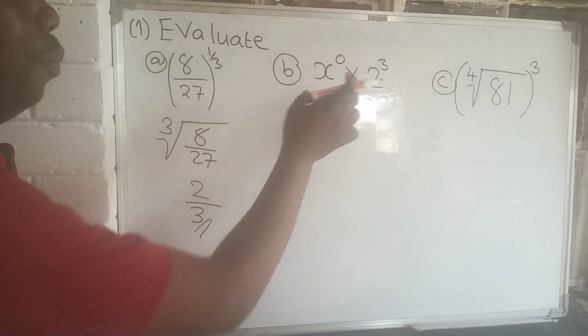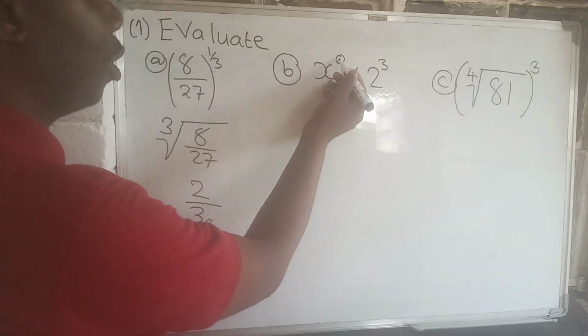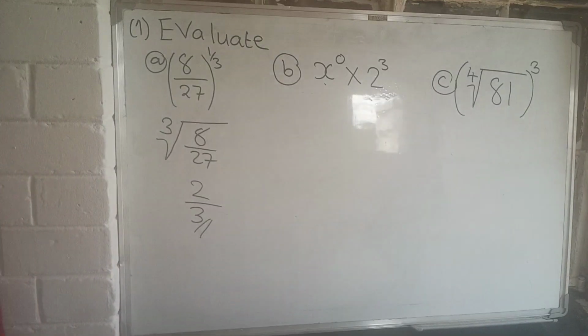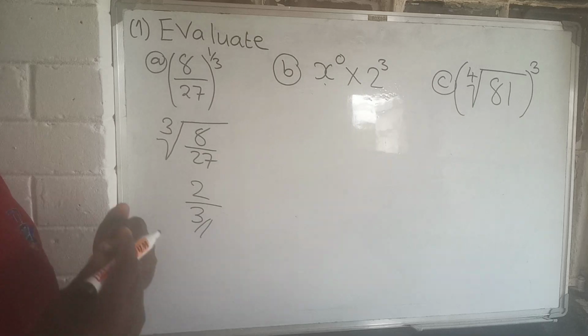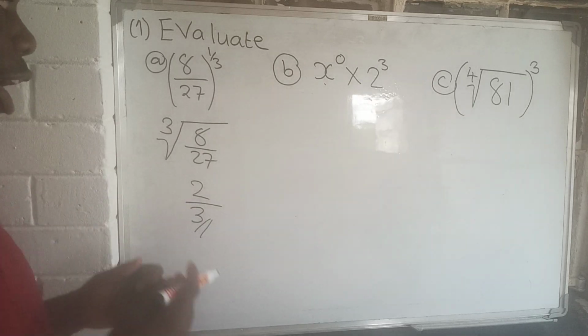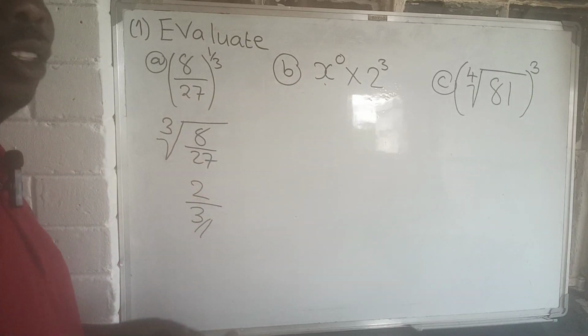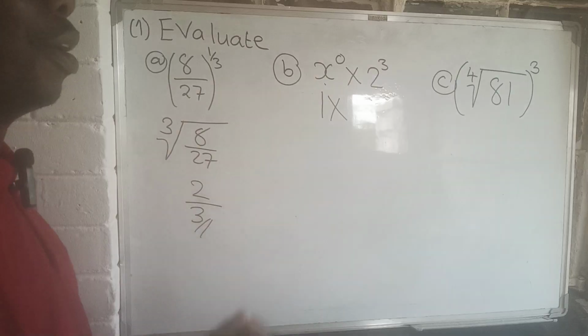We come to B. B says evaluate x to the power 0 times 2 to the power 3. Any number or letter raised to the power 0, the answer is always 1. So you write 1 times 2 to the power 3.